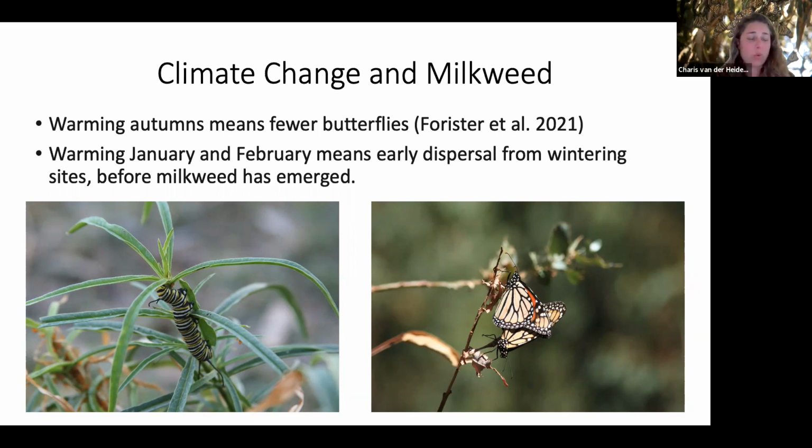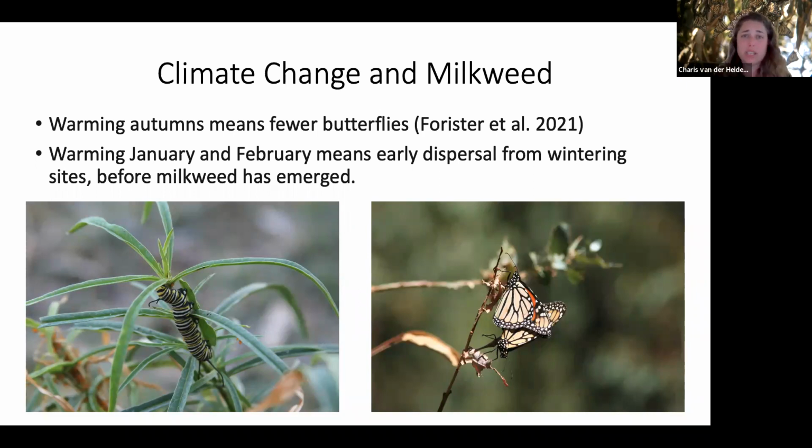And also warmer means drier. So they may not have enough milkweed resources across the West in the drier autumns to sustain another summer or late fall generation. So these factors mean higher mortality in the fall.